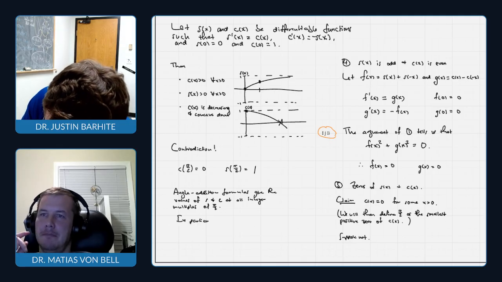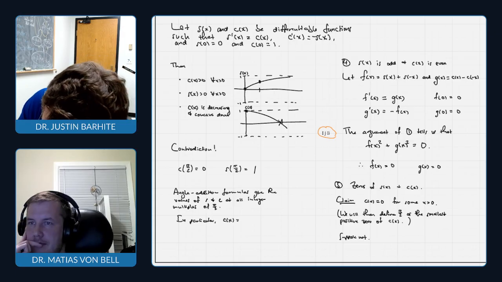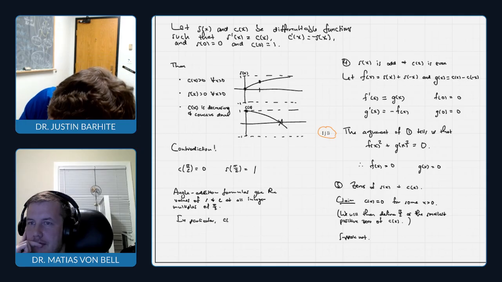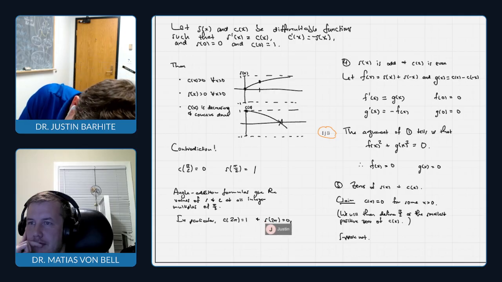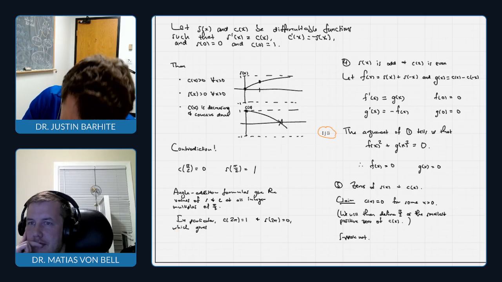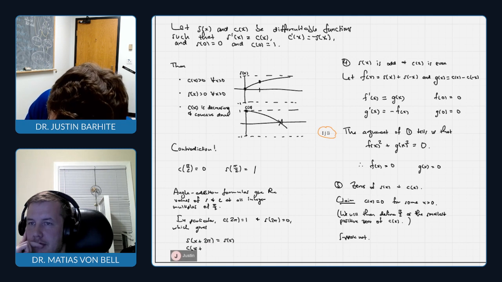Because that's going to tell us that C of 2 pi is 1, and S of 2 pi is 0, which tells us, again, using the angle addition formula, that S of x plus 2 pi is equal to S of x, and C of x plus 2 pi is equal to C of x.